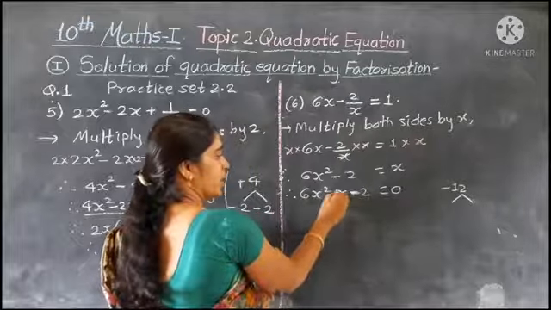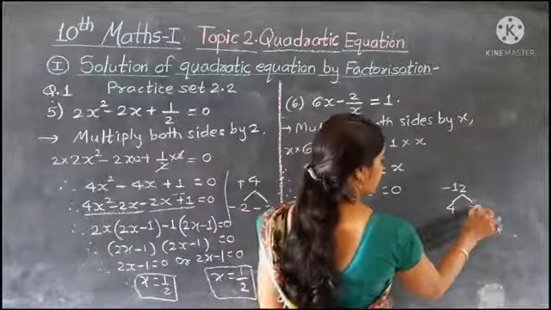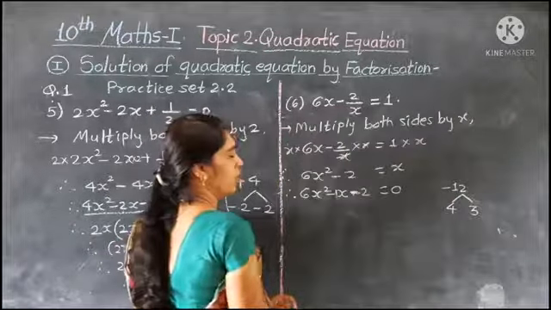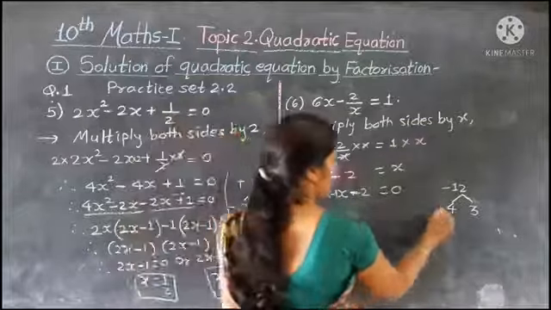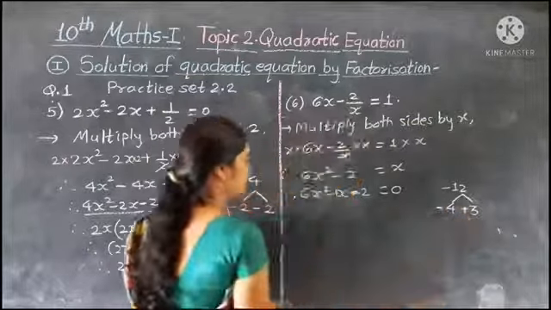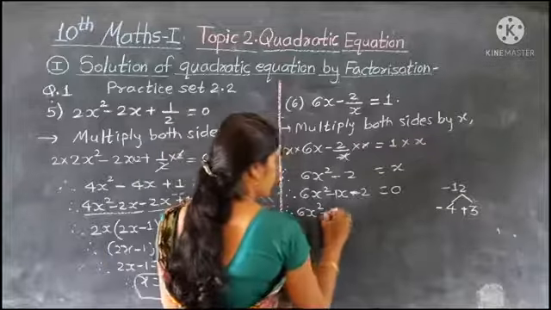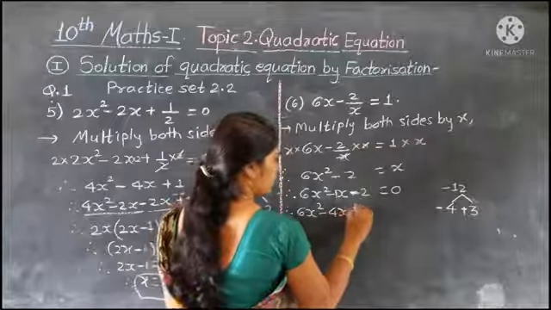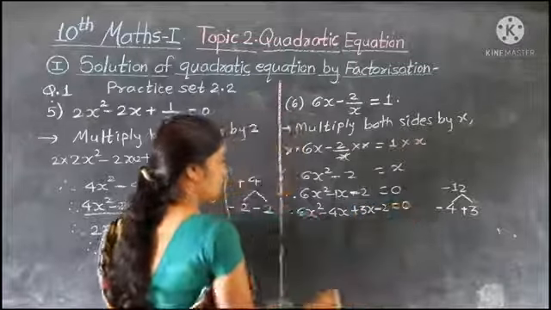Here nothing is there means 1. Okay. So we get the factors 4 3s are 12. 4 minus 3 is 1. Here minus sign is there, so take minus and here plus. So we get 6x square minus 4x plus 3x minus 2 is equal to 0.